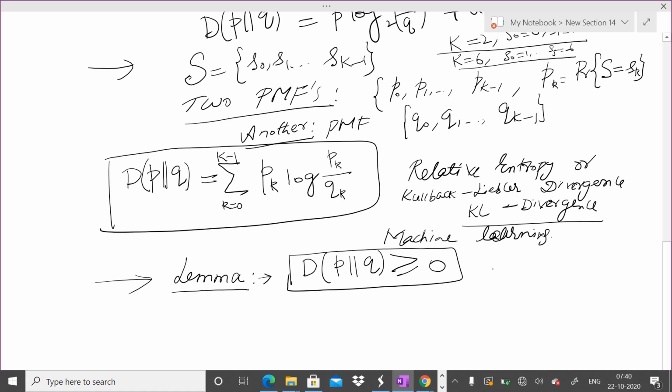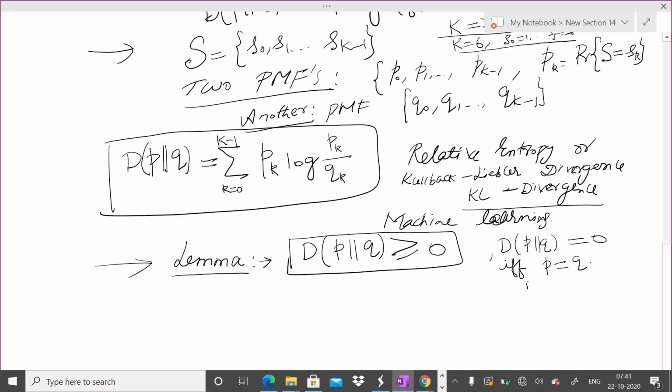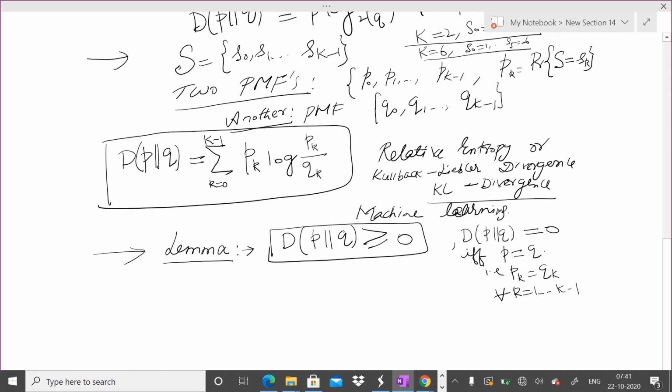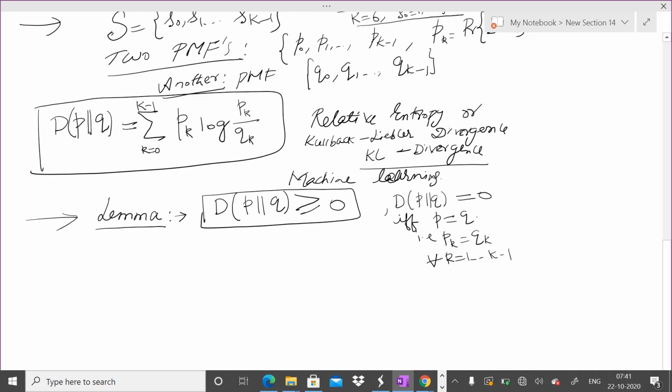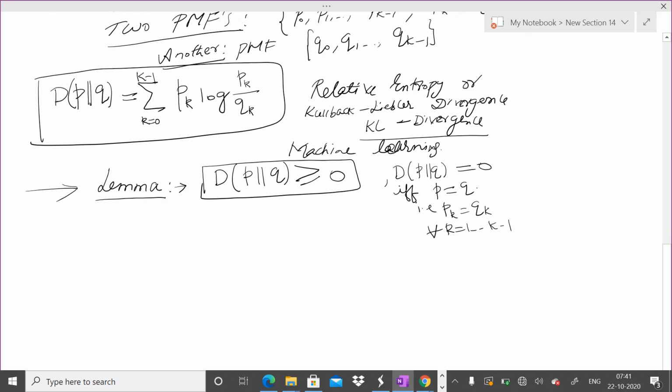In fact, we know that it is equal to 0 if and only if P is equal to Q, that is, Pk is equal to Qk for all k from 0 to k minus 1. That we know, right? Now we need to prove that it is greater than or equal to 0. Anyways, to prove it, I need a small inequality.